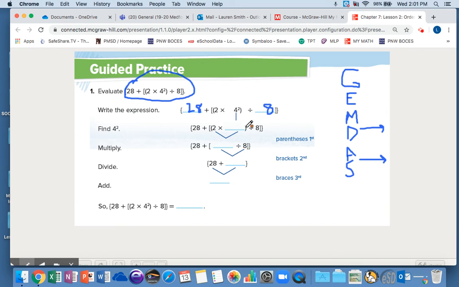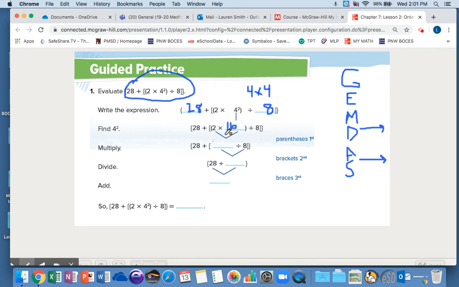Because to do the equation in this group, we need to know what 4 to the second power is. And you're going to see that it says exponents here. And I'm doing it before the whole group, but that way we can figure out what 4 to the second power really means. And 4 to the second power really means 4 times 4. So that's 16.